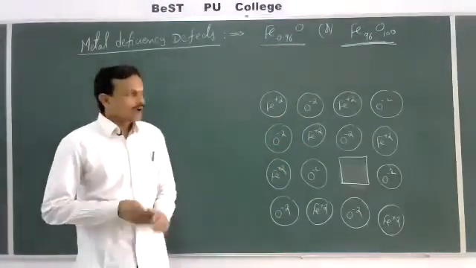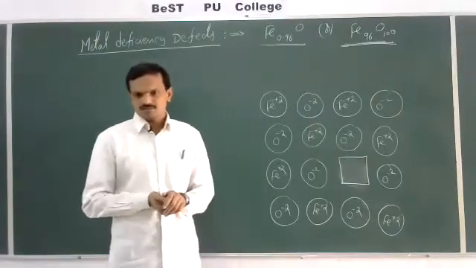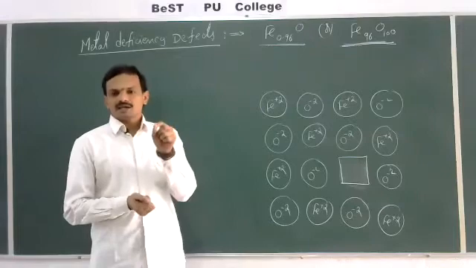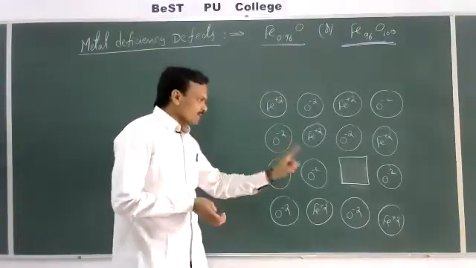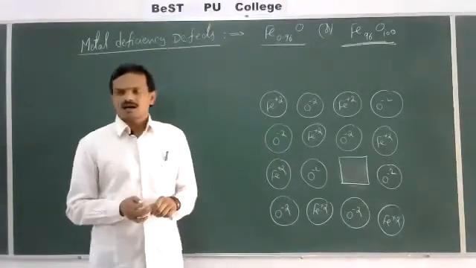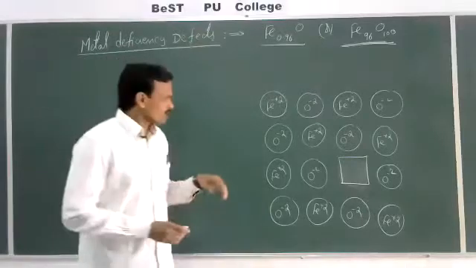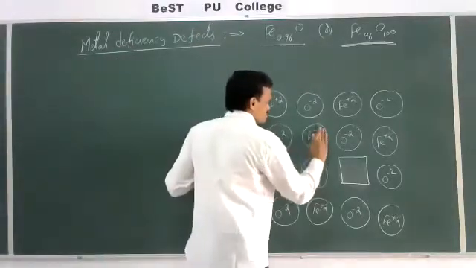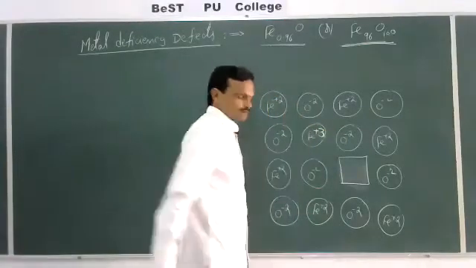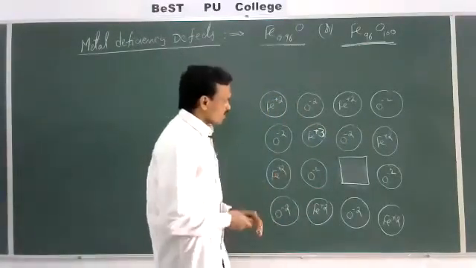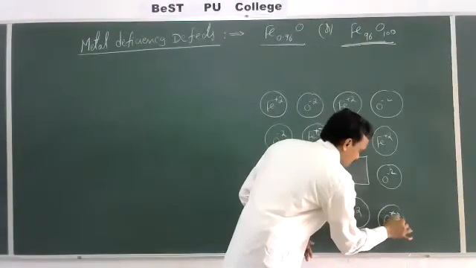But on the whole, electrical neutrality should be maintained in the lattice. To maintain electrical neutrality, some of the neighboring ions can exhibit a higher valence. Instead of plus 2, this one can exhibit Fe plus 3, and I'll take one more, this also can exhibit plus 3.